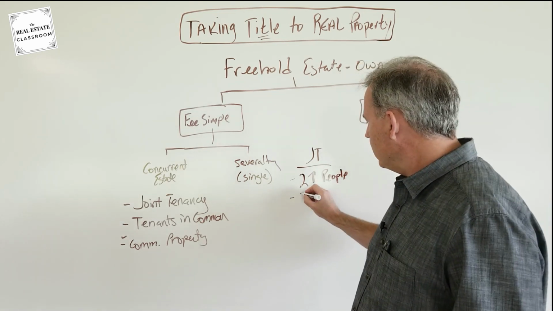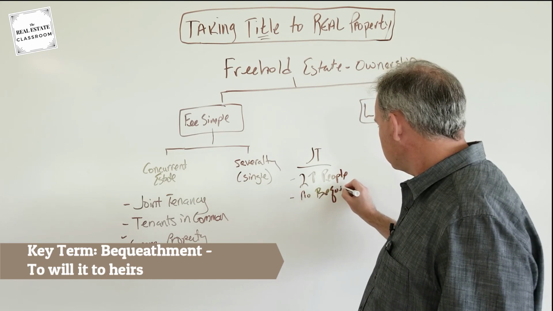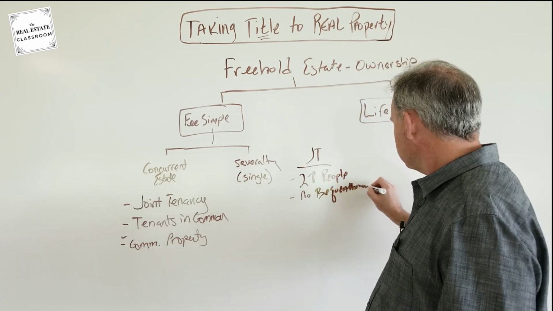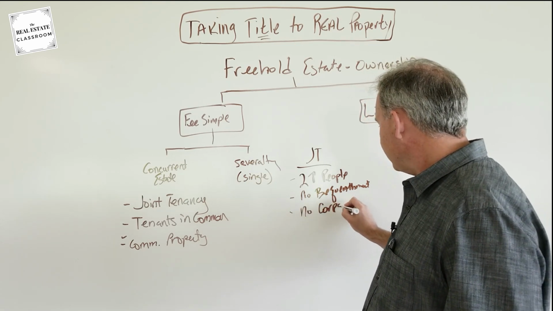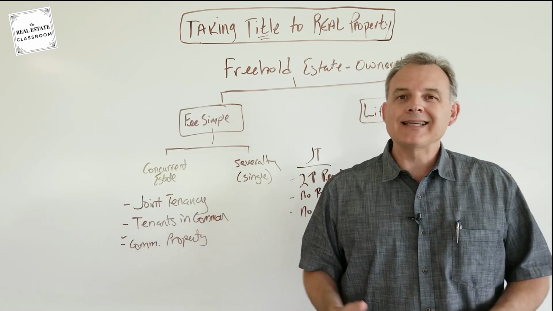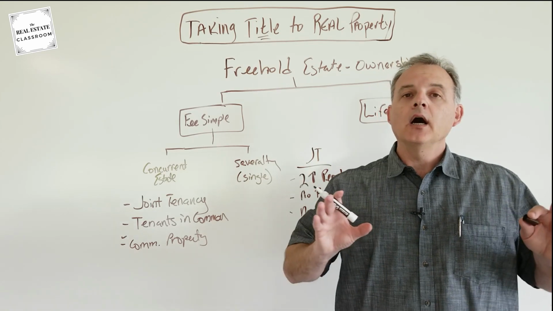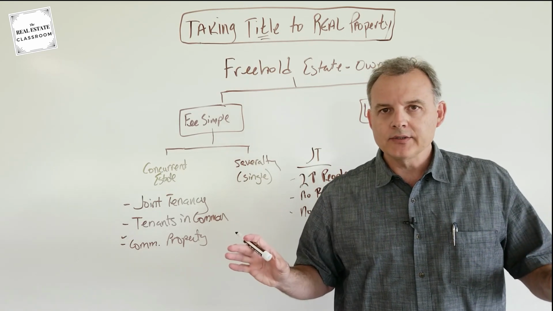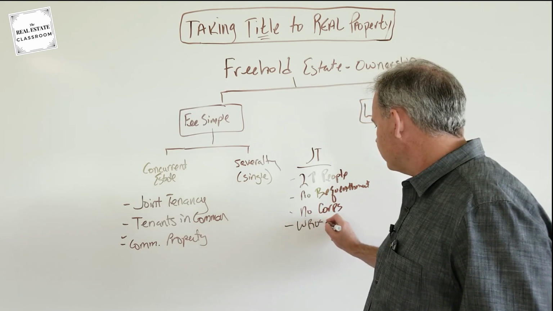There is no willing of interest, no bequeathment. The other part is no corporations, S corporations, and those type of things. So one of the joint tenants cannot be a corporation. And the reason is under the law legally, a corporation never dies. All right? The other one, it's what we call with rights of survivorship.